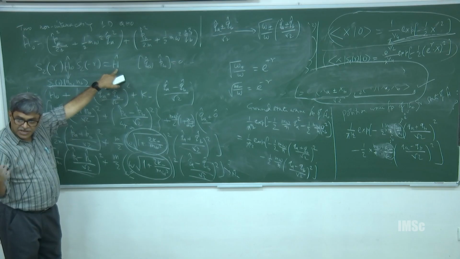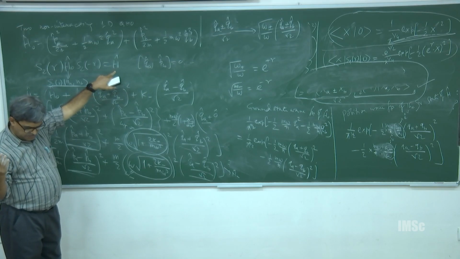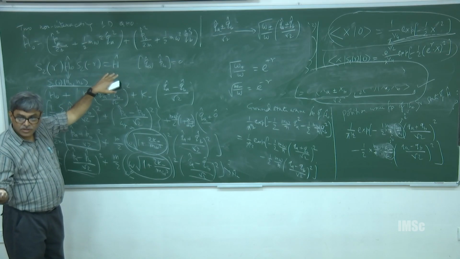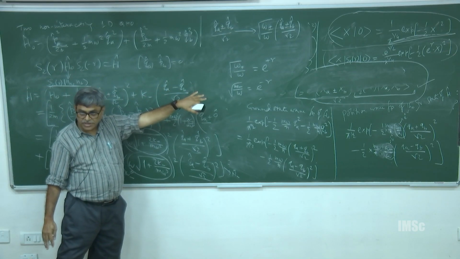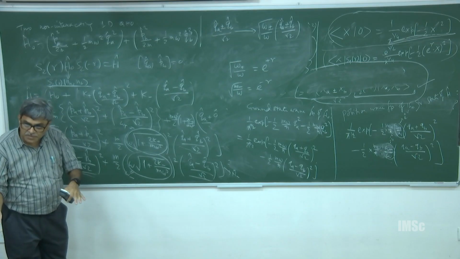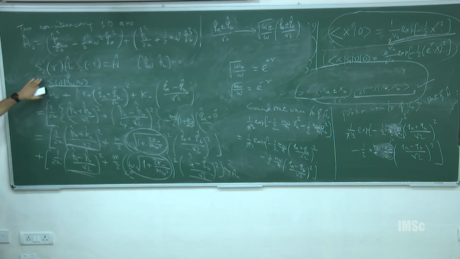You go to a frame, that means a phase space, where you can decouple them, right? And this is possible through this transformation. Yeah, that is okay. But I'm saying that in that frame where your coupled one gets decoupled, right? So in that frame, can I say that entanglement is not there?